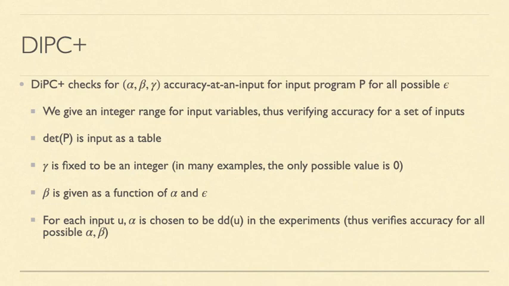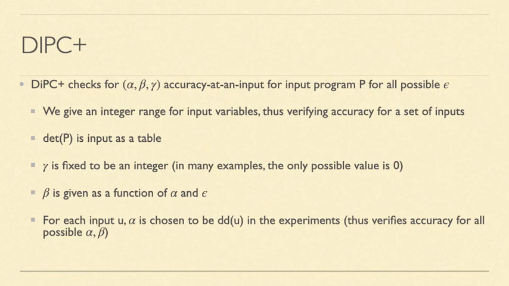So what DIPSI Plus does is it checks for alpha, beta, gamma accuracy at an input for a given input program P for all possible epsilon. Instead of verifying accuracy at a single input, we give an integer range for input variables. Thus, we verify accuracy for a set of inputs.